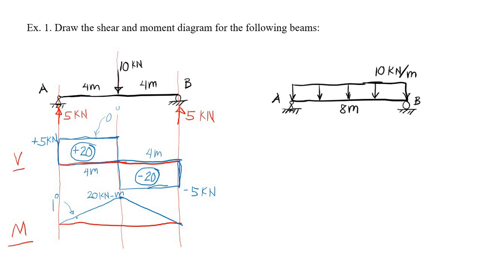So we now have our moment diagram for this point load. Okay, let us create another moment diagram for this uniformly distributed load, 10 kilonewton per meter over a span of 8 meters.